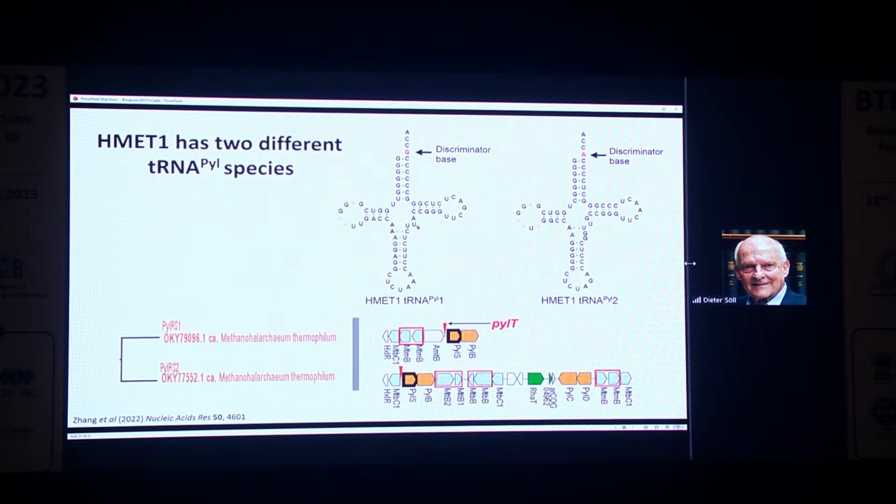And this is this extra arm, which is very, very small. So this is the discrimination between tRNA Pyl and the canonical tRNA. So you can see this.